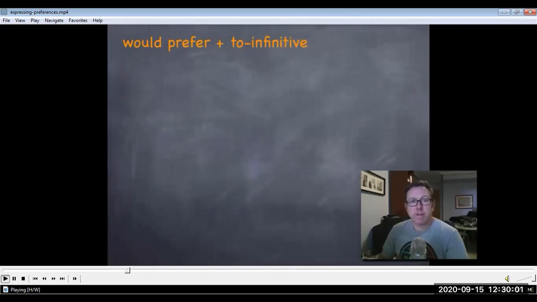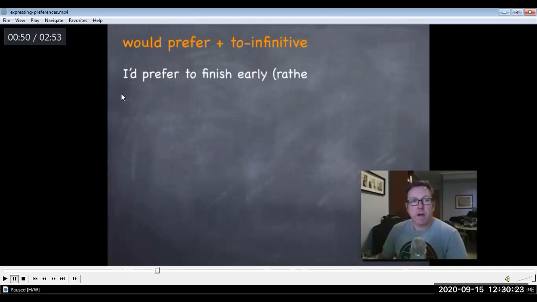The next structure is would prefer plus to infinitive. This is the second structure in which you will start your sentence with the subject, and then you will write would prefer, and then you will write to plus base form of the verb. To infinitive means to base form of the verb. So these are the examples.